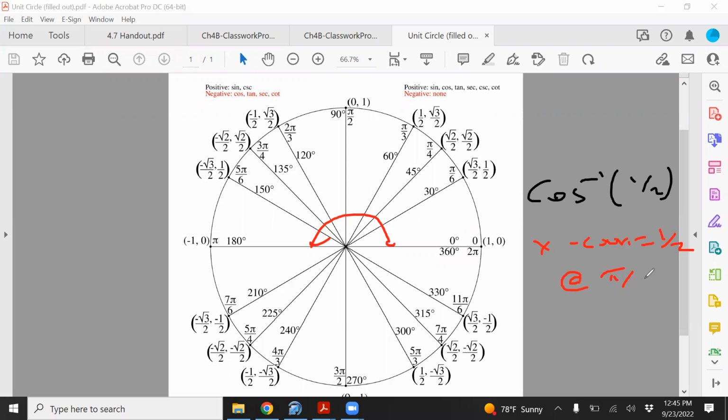At pi over 3 or 60 degrees. You have 1/2 right there, right? Now it's also true at 300 degrees, but we don't do that. It's not part of our default range.